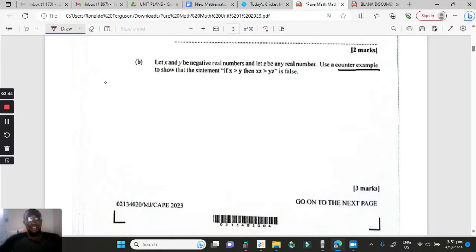So in this case, x and y are negative real numbers, that's key. So I would say let x be negative 1 and y be negative 3. We know that negative 1 is greater than negative 3, so x is indeed greater than y.